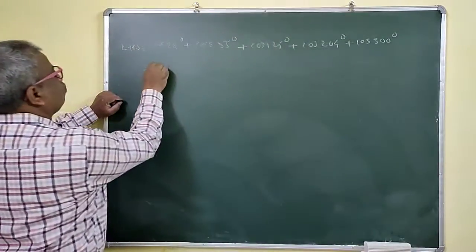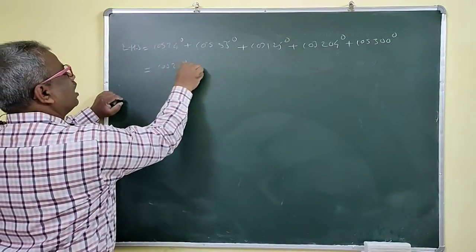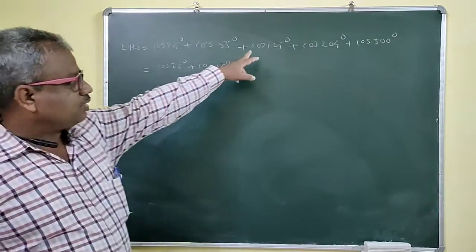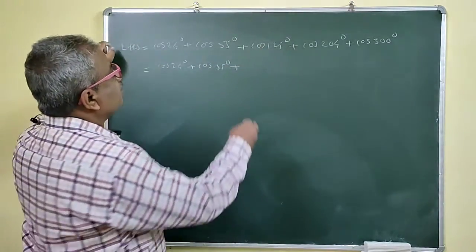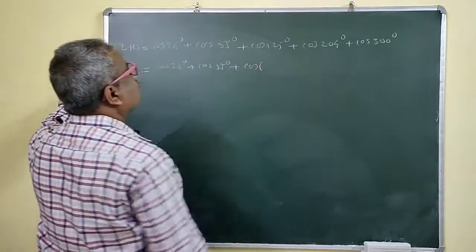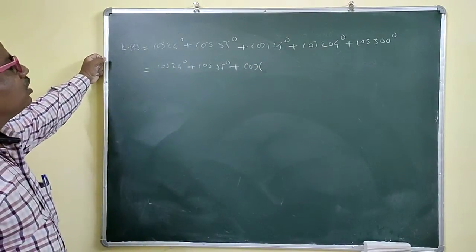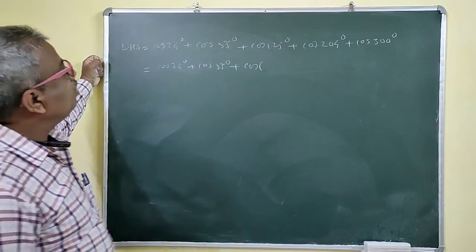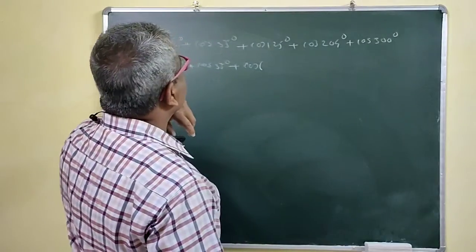So we will keep this cos 24 degree as it is, cos 55 degree as it is. We will split this one. This is 90 plus 55, this is 125.